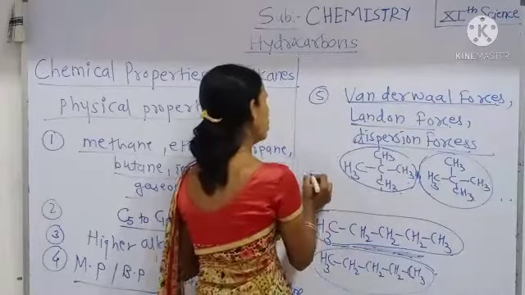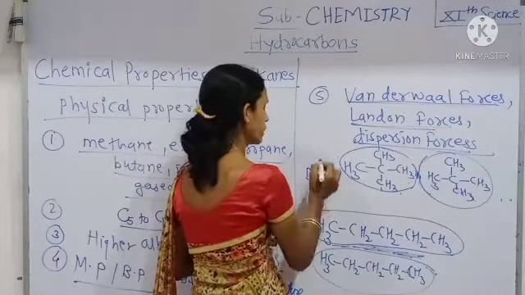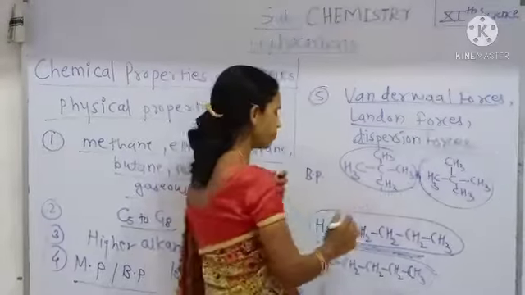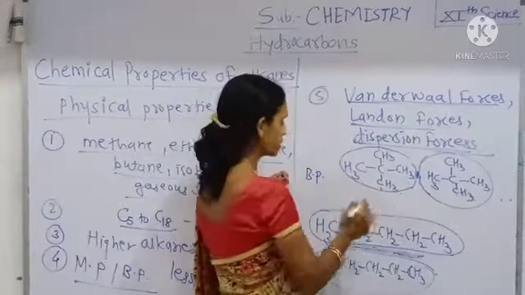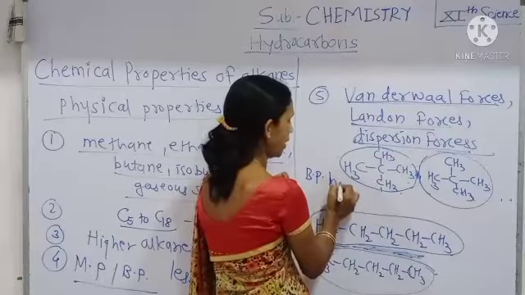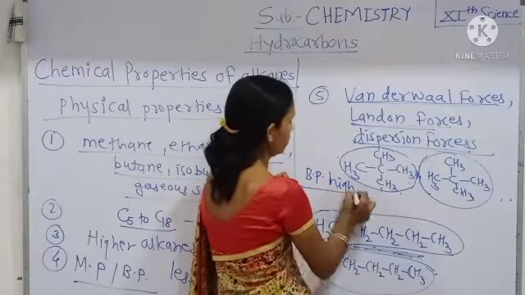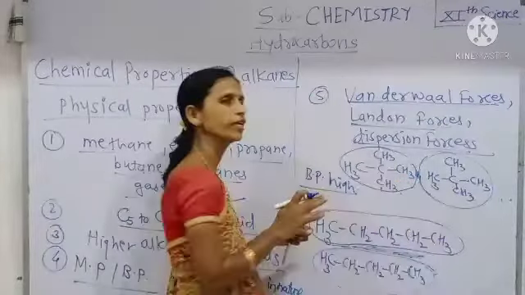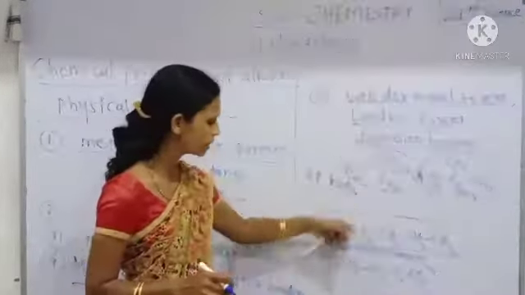Therefore, the boiling point of straight chain pentane is higher than that of branched alkanes having nearly the same molar mass.